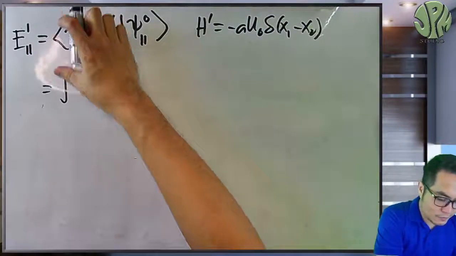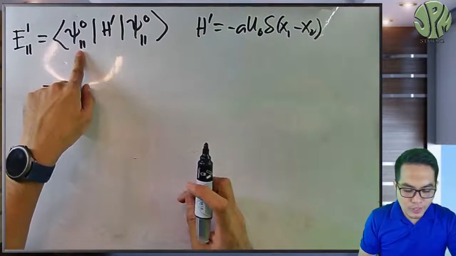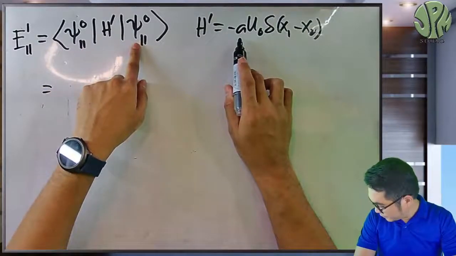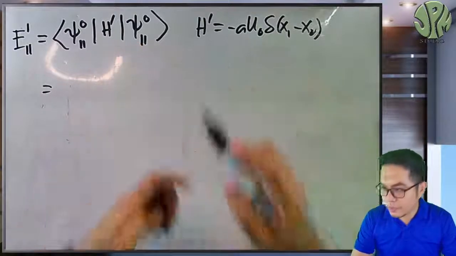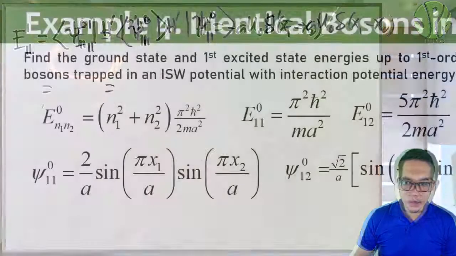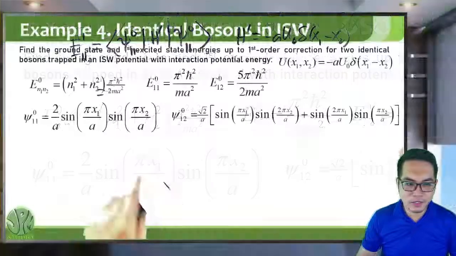You will have a constant, square root of 2 over A, and there's an A here. If you recall, this is our ground state.